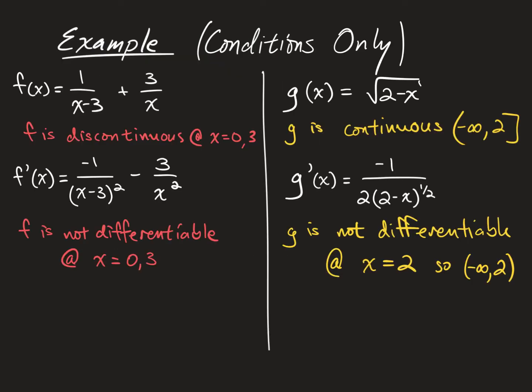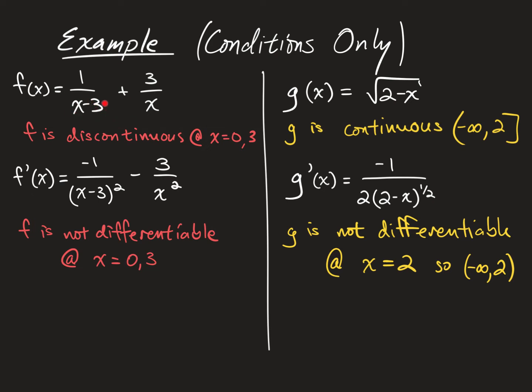I want to take just a couple minutes here to talk about the conditions of the mean value theorem. So the mean value theorem checks for continuity on the closed interval and differentiability on the open interval. So what that means is, if you take this function here on the left, I have the function and its derivative already worked out.